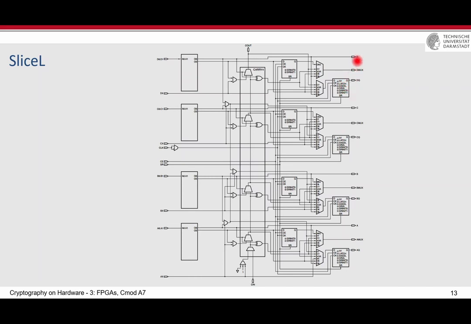Here D is the output of this lookup table, and CQ is the output coming from this register.